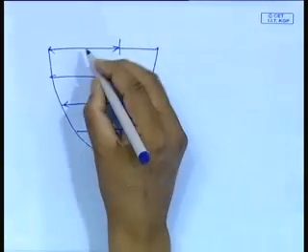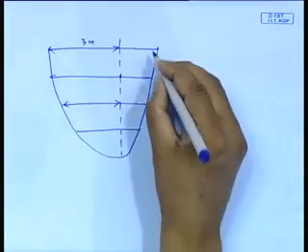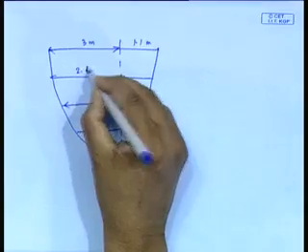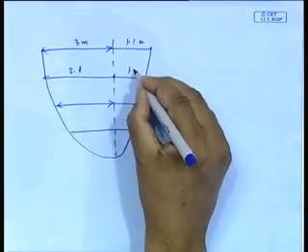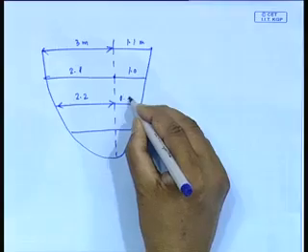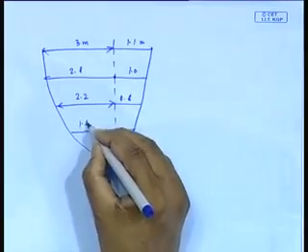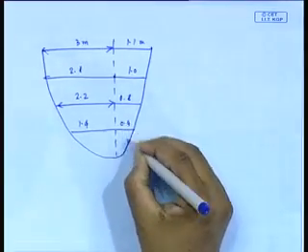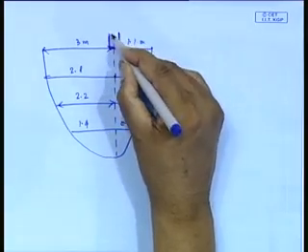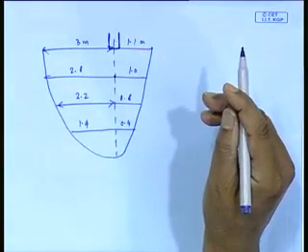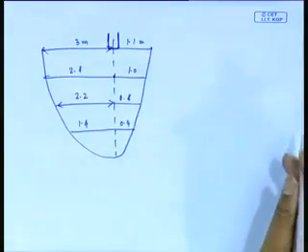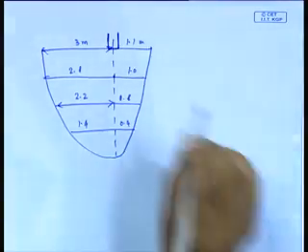This is 3 meter, this is 1.1 meter, 2.8 meter, and this is the stock. Here it says this is a rudder.